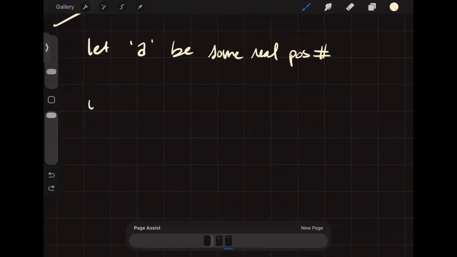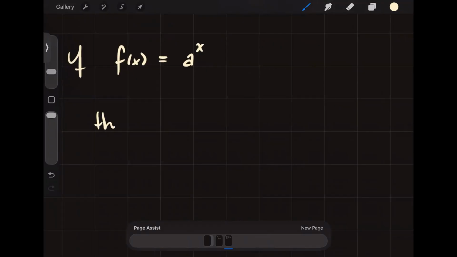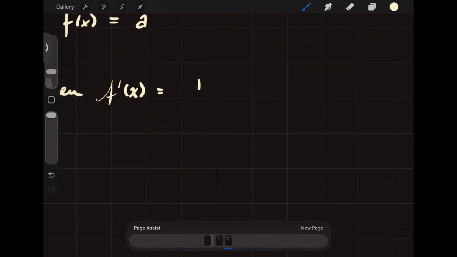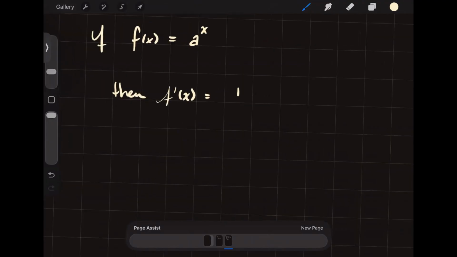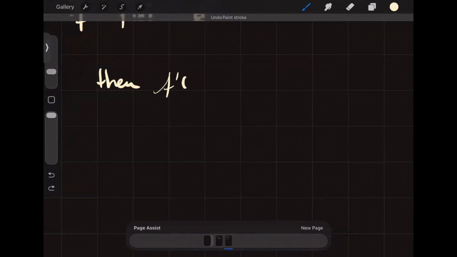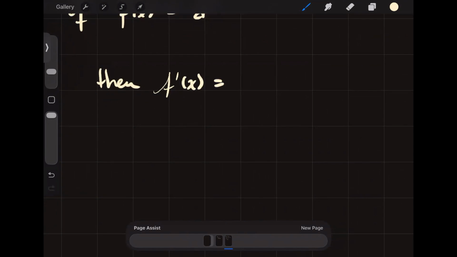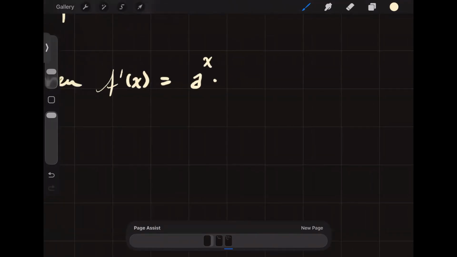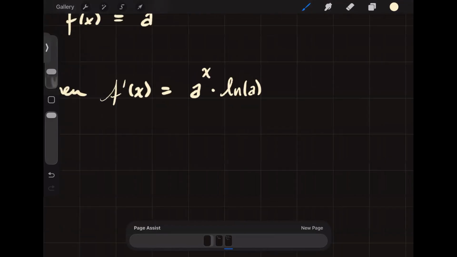if f of x is equal to a to the x, then f prime of x is going to be written as a to the x times ln of a.